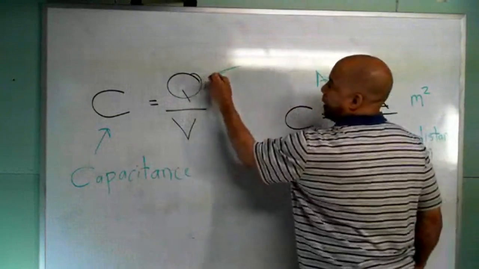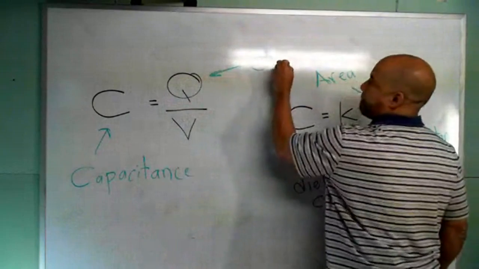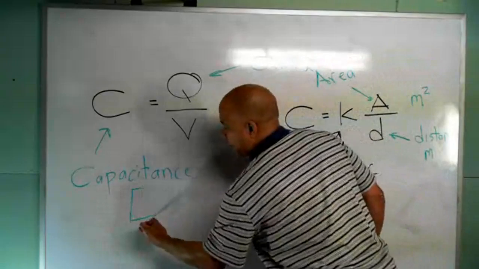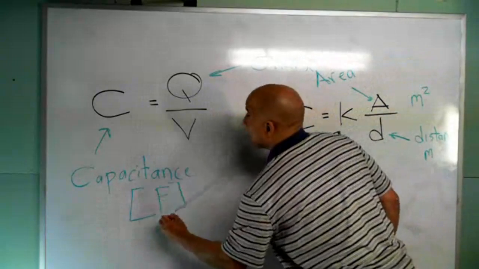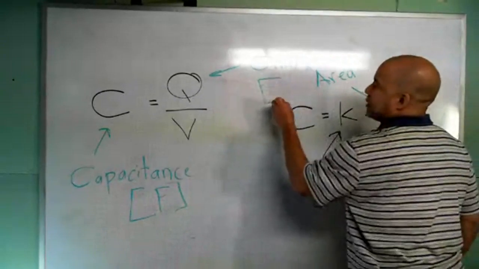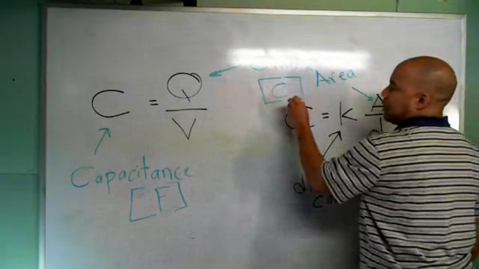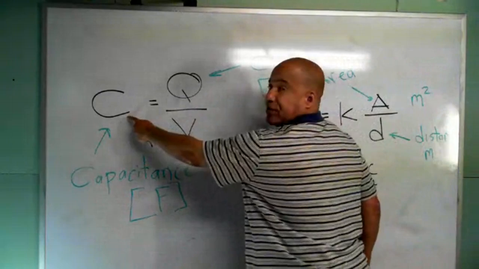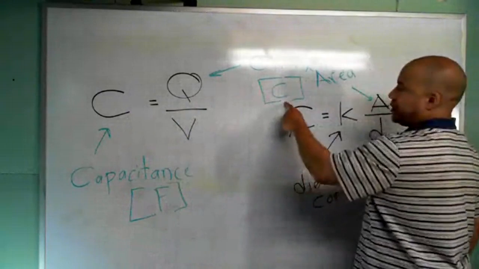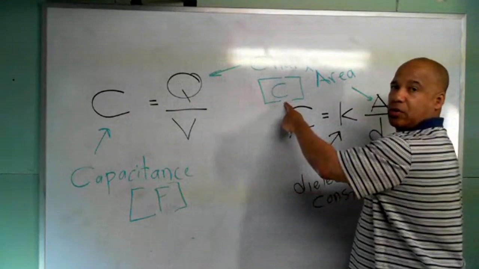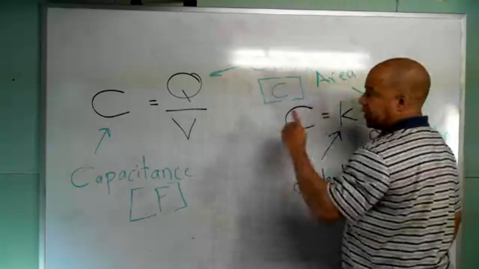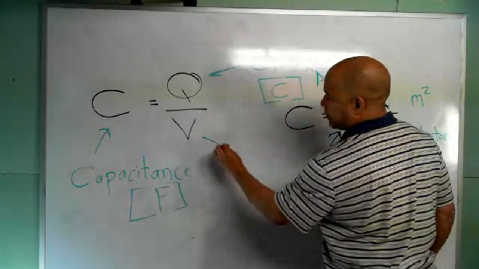But this right here, you might remember that's charge. So capacitance has the units of farads. The charge is in coulombs. So don't confuse this C with this C. This is capacitance, that's the symbol. This is the C, capital C, the unit. That's coulombs that will go along with charge. And of course, this is voltage.